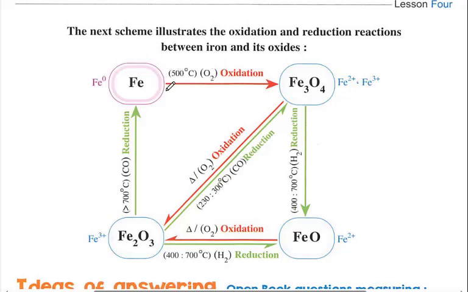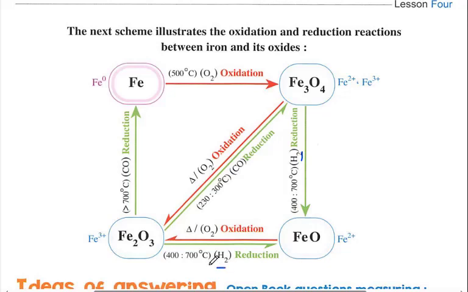In both cases it produces magnetic iron oxide, Fe3O4, which is a mixture between iron 2 and iron 3. So oxides like magnetic iron oxide, Fe3O4, or ferric oxide, Fe2O3, can be reduced by using one of the reducing agents like hydrogen.